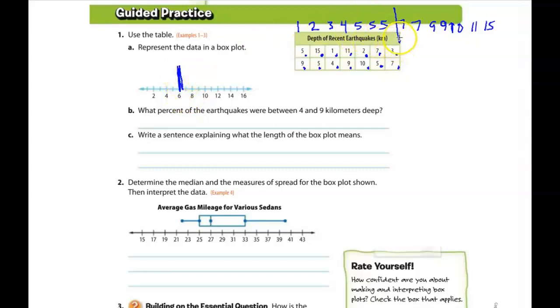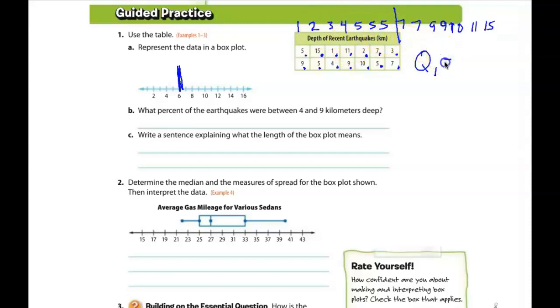All right, so now you'll have to find the first quartile, and basically quartile 1 is the median of the first half of the data. So if we look at only the numbers that are before the number 6, what number is halfway in the middle? So 1, 2, 3, 4, 5, 6, 7. What number is exactly in the middle of those numbers?